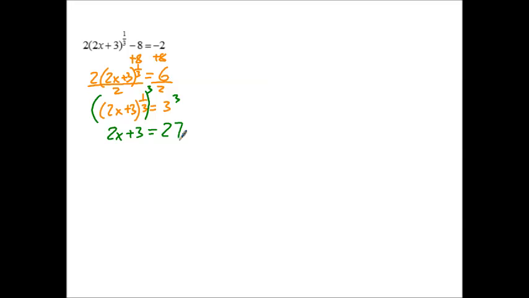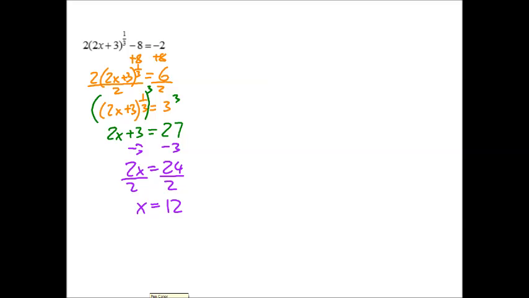How very original, right? Anyway, so next step, we go ahead and solve this equation now. Subtracting 3 from both sides, we get 2x is equal to 24. Dividing by 2, x is equal to 12.